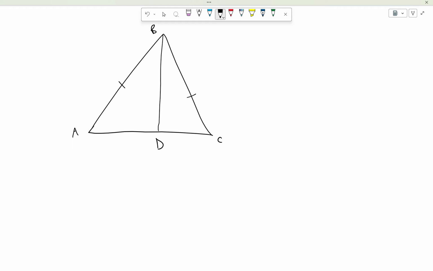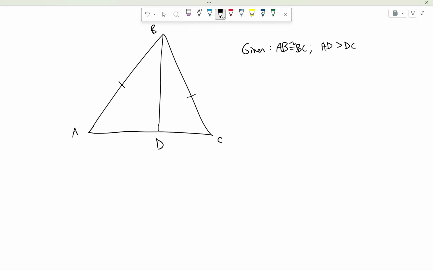So our given is that AB is congruent to BC. The other given here is that AD is greater than DC.